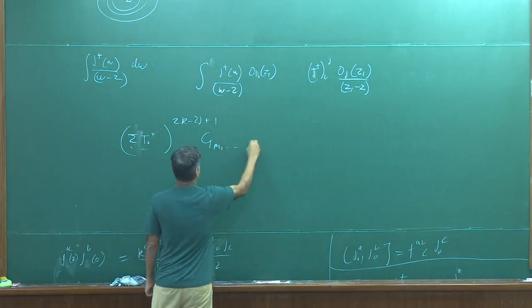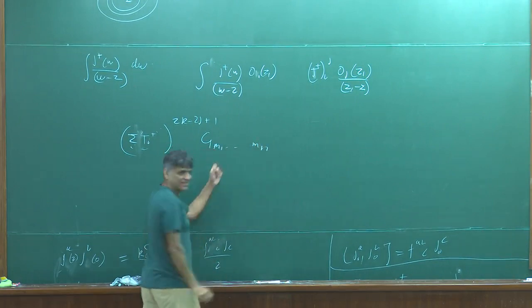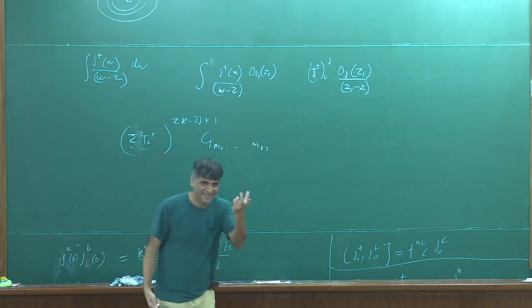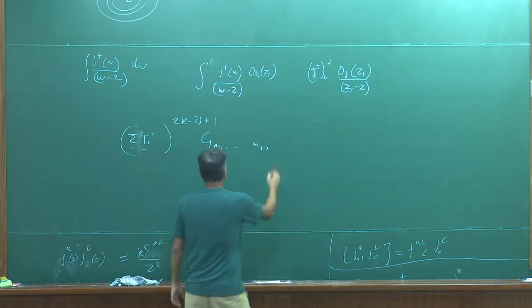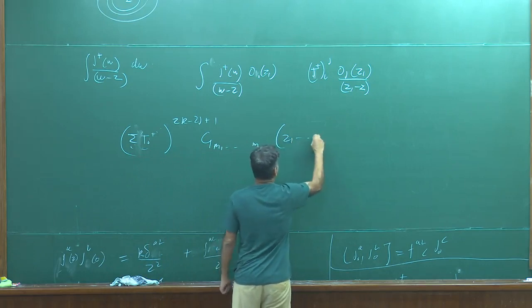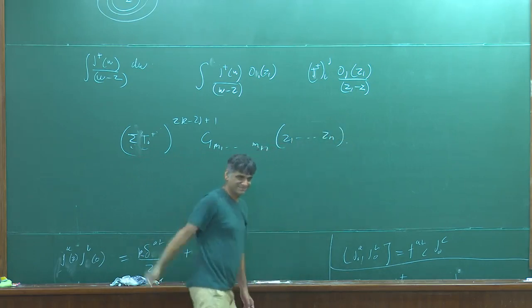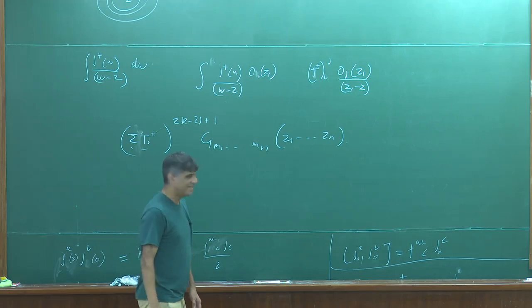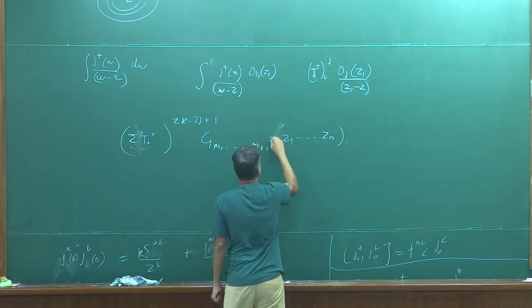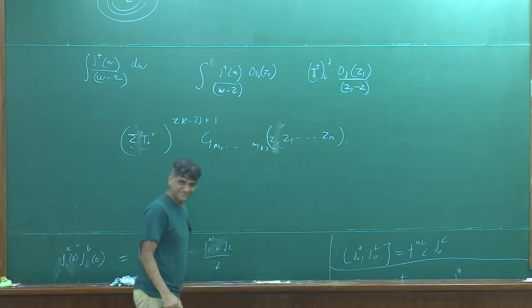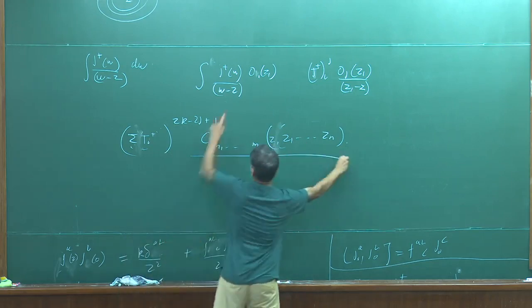let's say M1 to Mn, these are the internal group labels of the objects, Z1 to Zn, and then we have these leftover factors.